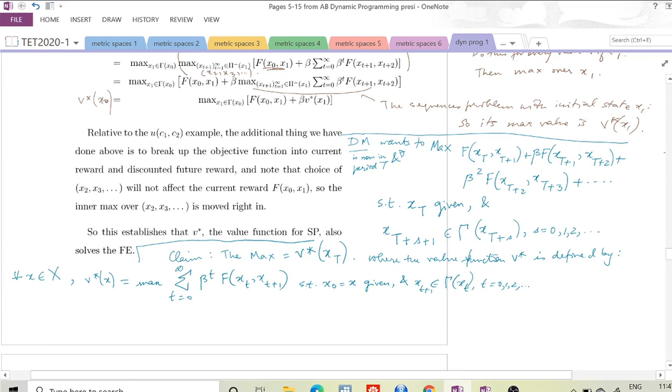So that's the value function derived from the decision-making problem at time t equals 0.